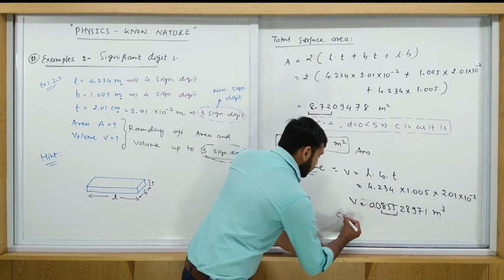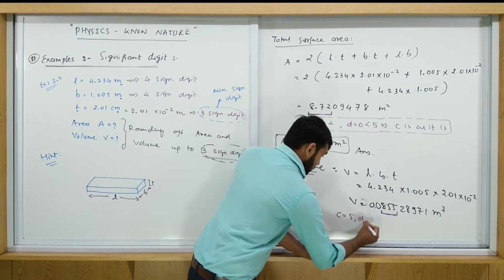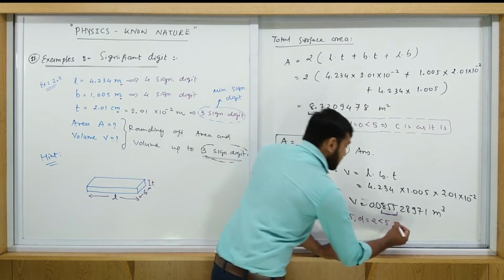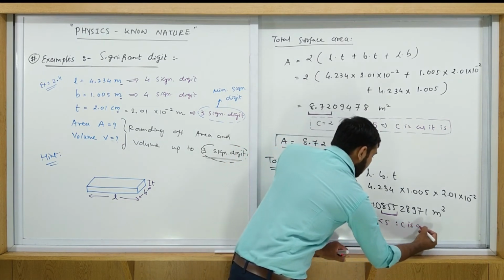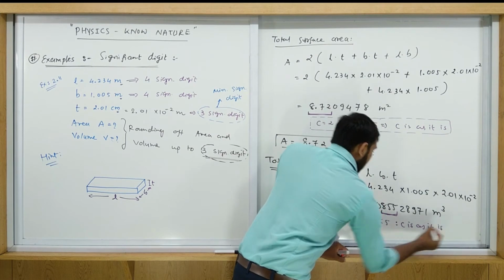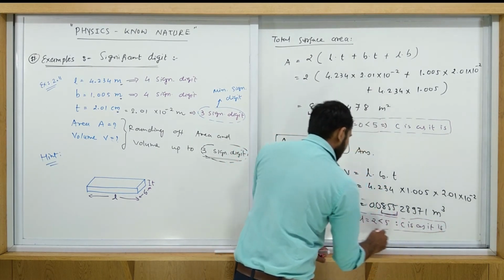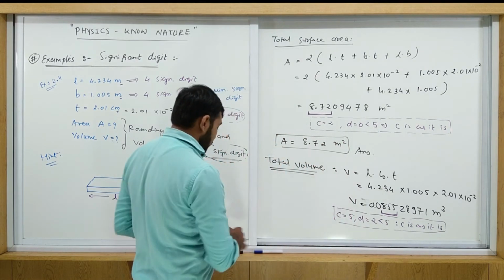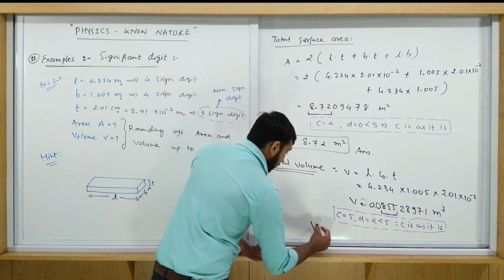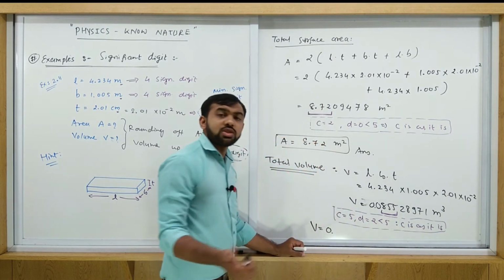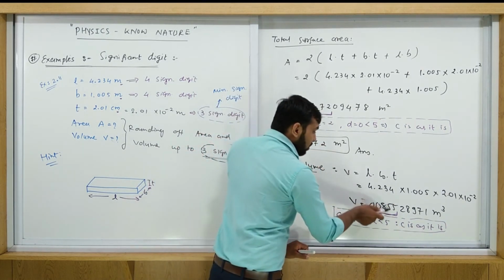So C is equal to 5. D is equal to 2, which is less than 5. Which means C is as it is. This is again in a knot. You just write this in a knot. So what is the volume? Volume is equal to 0 point, C is as it is, meaning there is no change in C. What is C? 5.